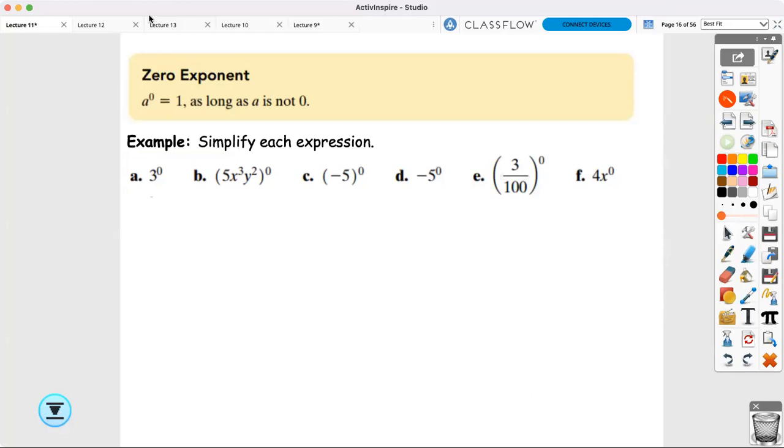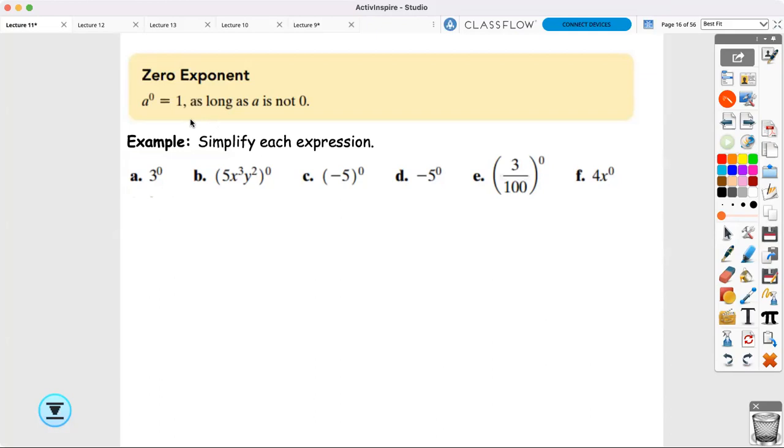All right, let's take a look at letter A. 3 to the 0. Now remember, zero exponent. If anything has a zero exponent, it's always going to be 1. Now, remember the rule of parentheses: everything in the parentheses also has that exponent on the outside.